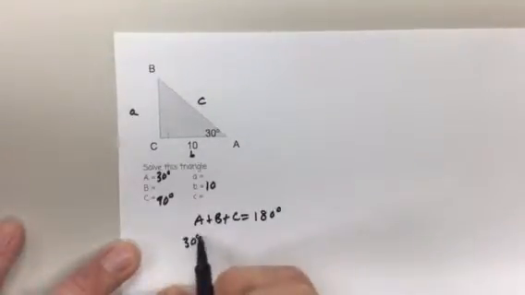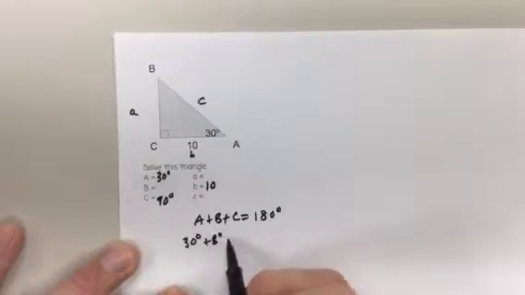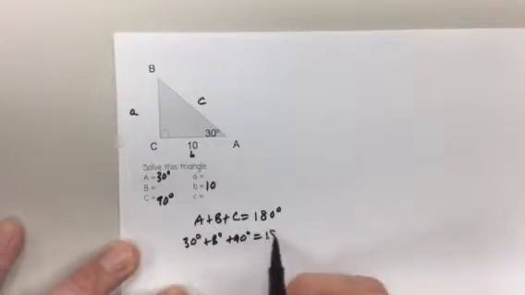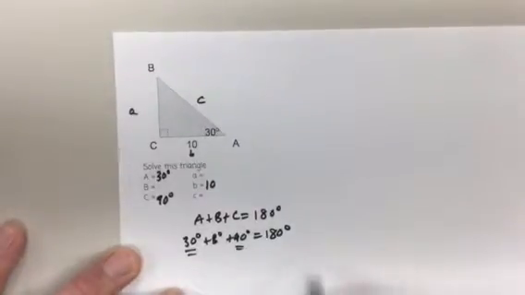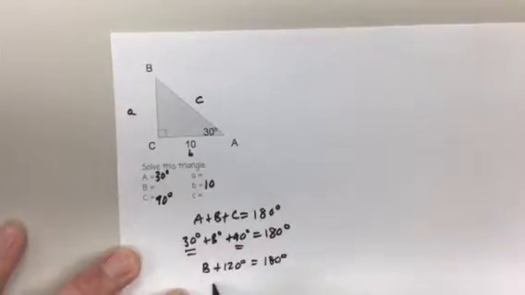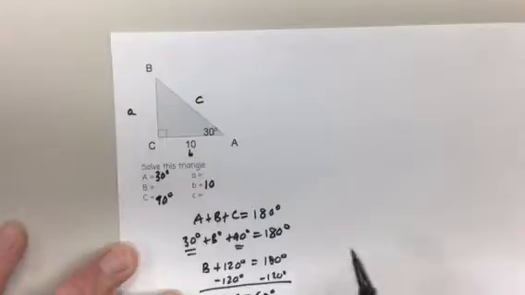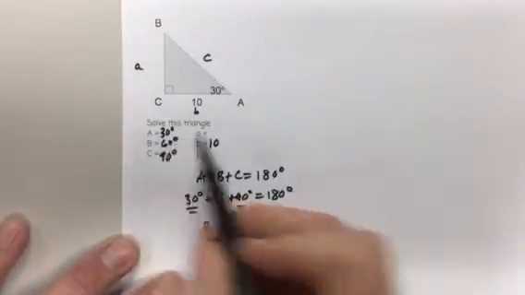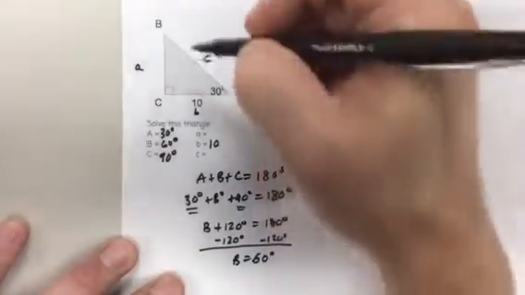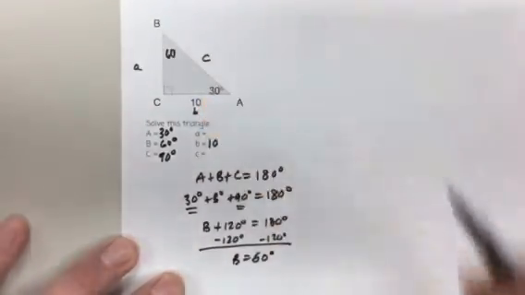So A is 30, I don't know B, C is 90, and it has to equal 180. So I can add these 2 like terms together, the 2 angles. So I have B plus 120 equals 180. I'm going to subtract 120 from both sides. I get B is 60 degrees. So over here, B is 60 degrees. And I can even write that in the picture too.